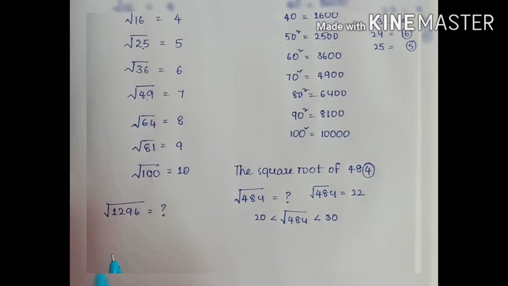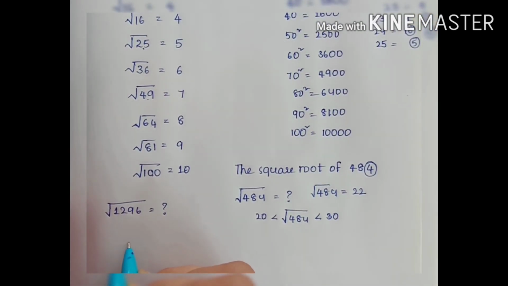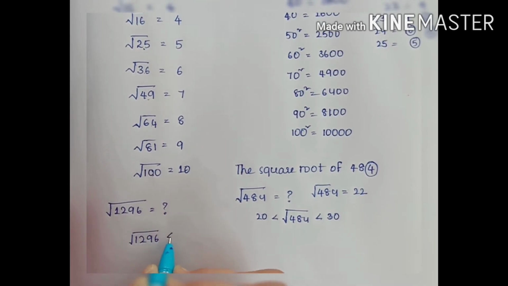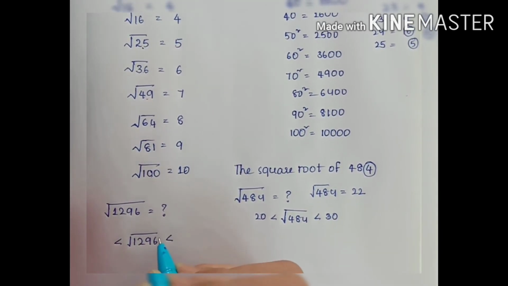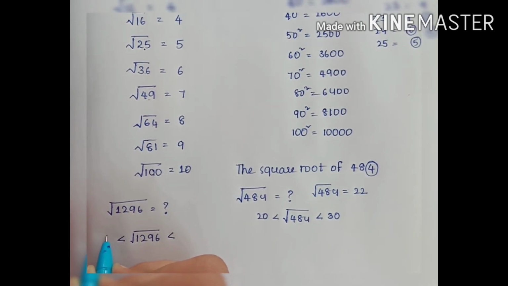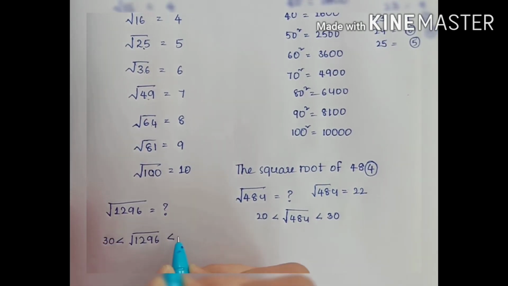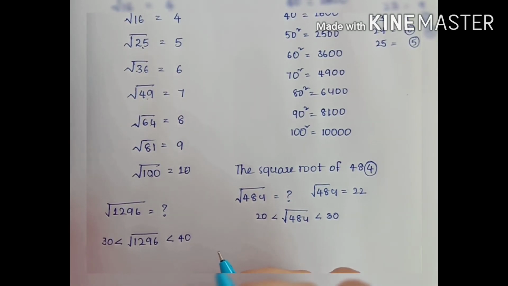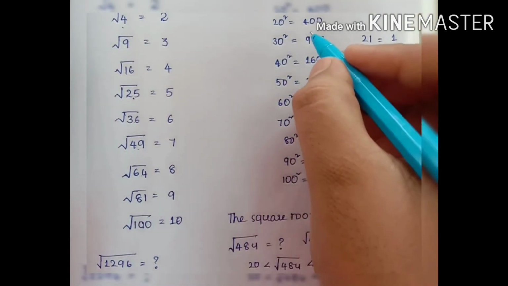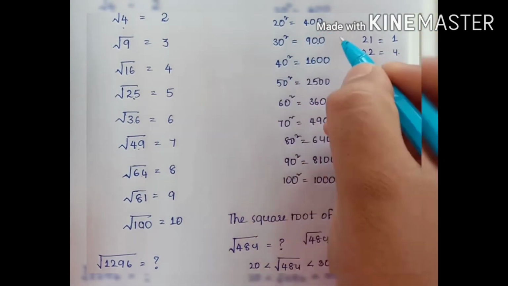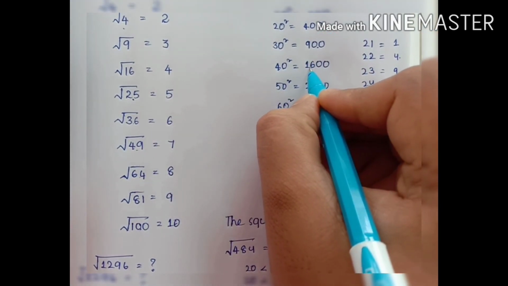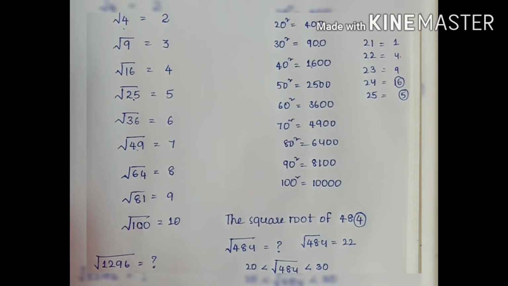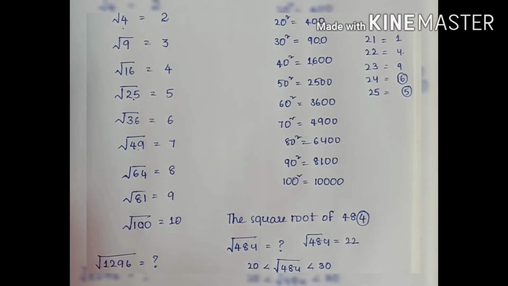Now it's clear for us that the square root of 1296 lies between 30 and 40, right? Square of 30 is 900 and of 40 is 1600. So for which value is it closer? Obviously 40.